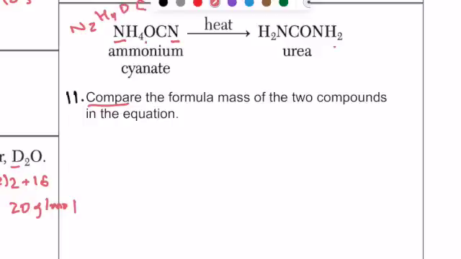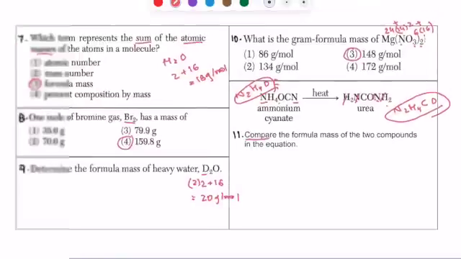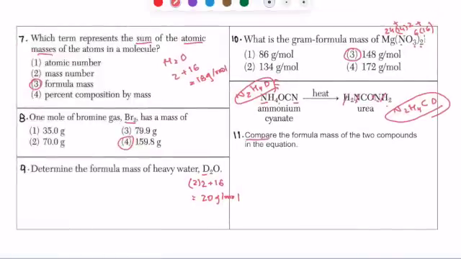If I look at the second one, I see 2 nitrogens again, 4 hydrogens, and 1 carbon and 1 oxygen. So if the formulas are the same, then the formula mass is also going to be the same. To answer this question, you'll just say they have the same chemical formula, so they have the same formula mass.